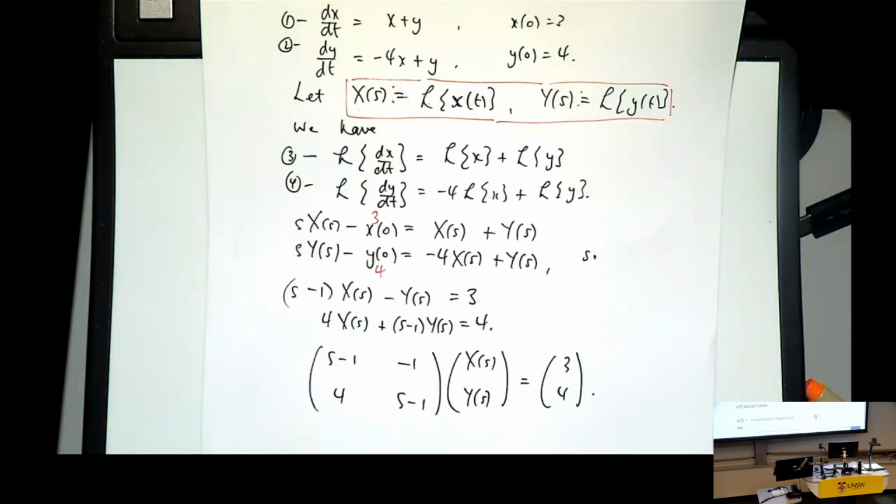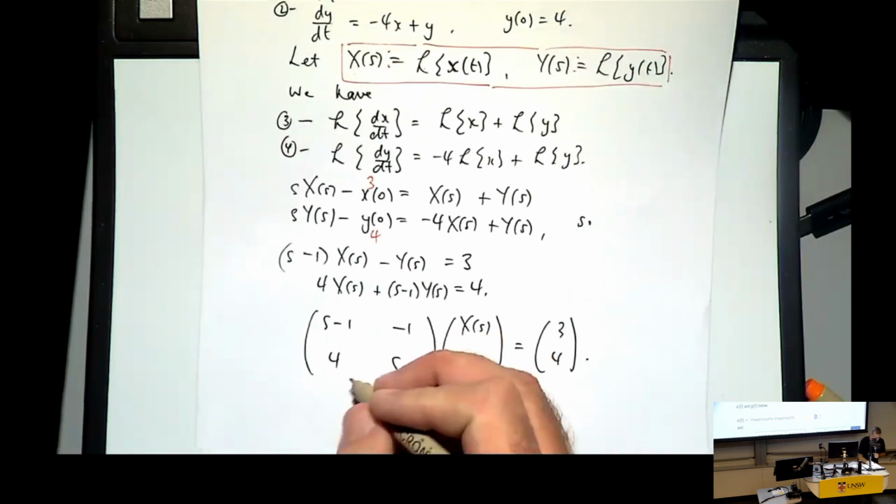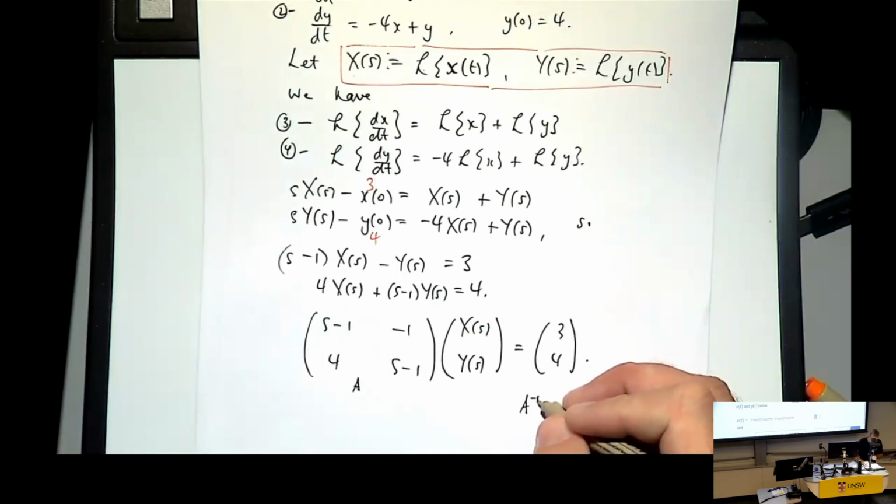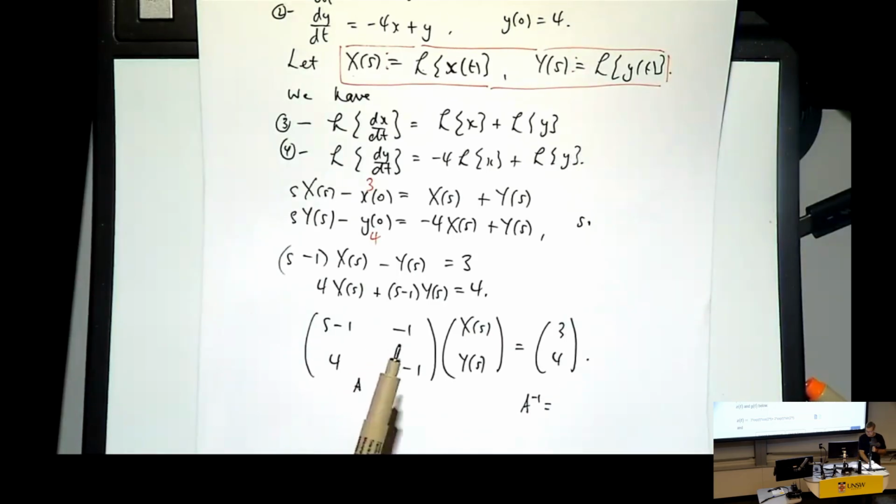It involves determinants, right? So if this is, say, your matrix A inverse, you switch those two and you change the signs on those two. Let me say that again.